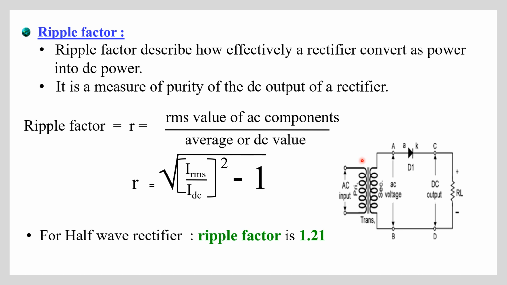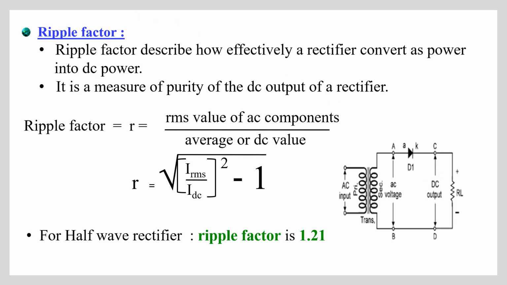So, just by connecting a capacitor across this load, we can reduce the ripple in the output waveform. This we are going to see in the next session, the filters. So we'll see how to remove this ripple by using different types of filter.